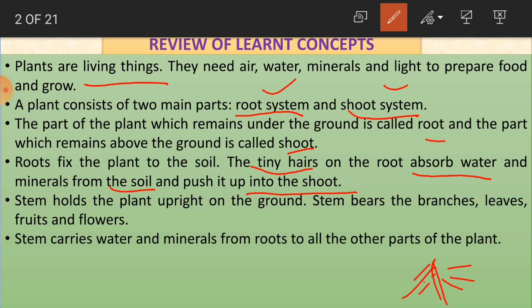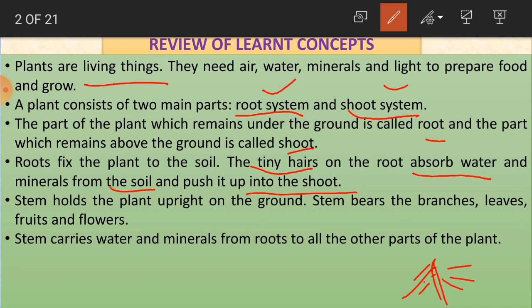What is the shoot here? Which we see above the ground, with stems, branches and all that. We said that the stem supplies water from the roots to the plant. Do you remember this? So this water is pushed by the roots into the shoot.